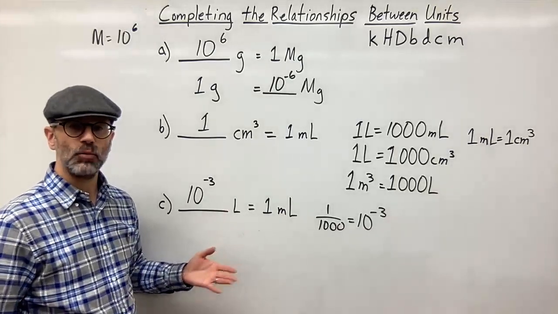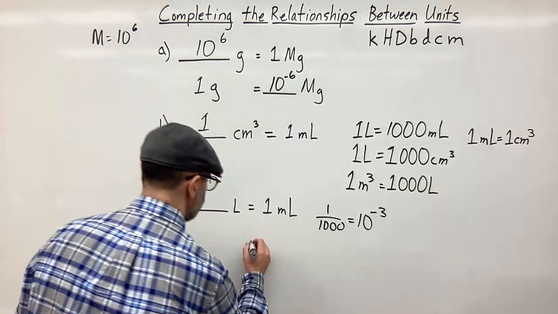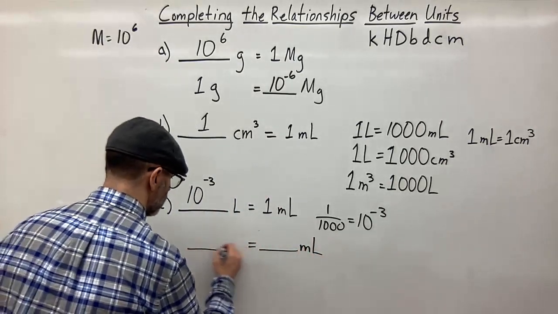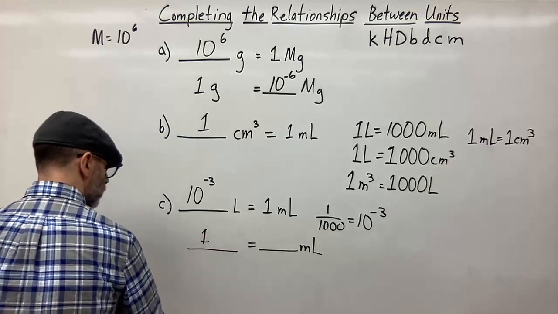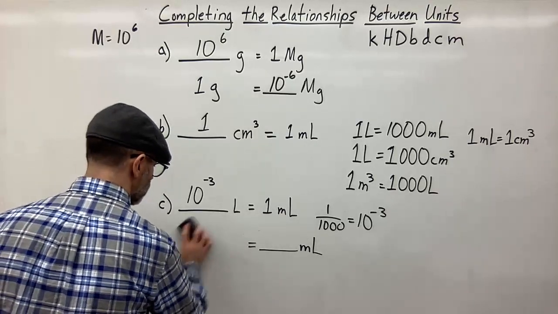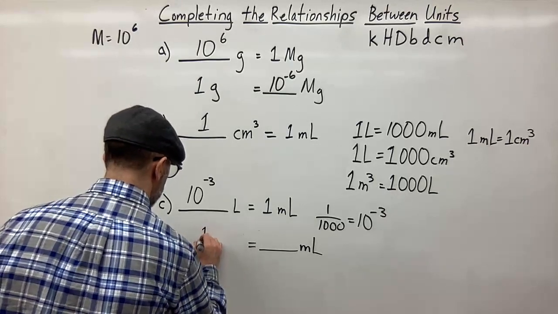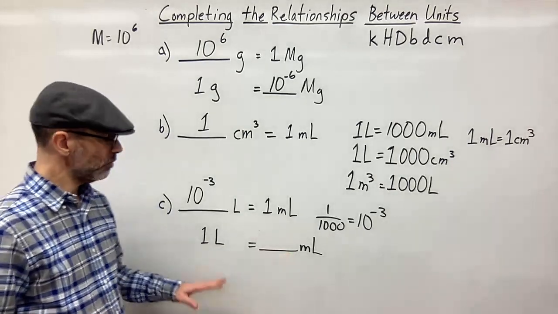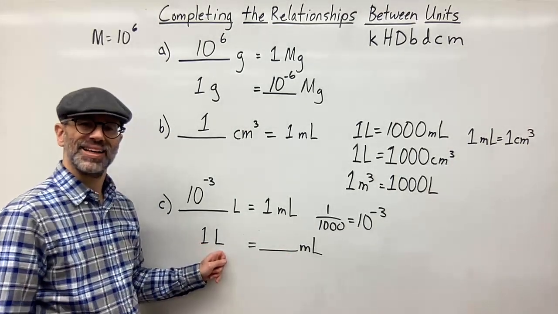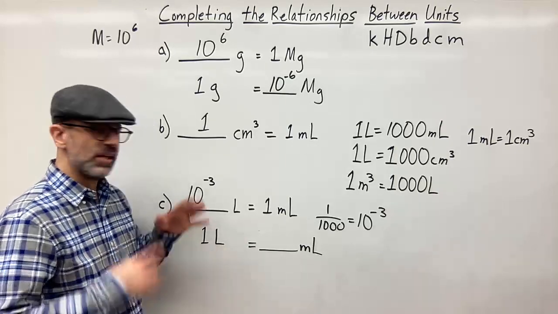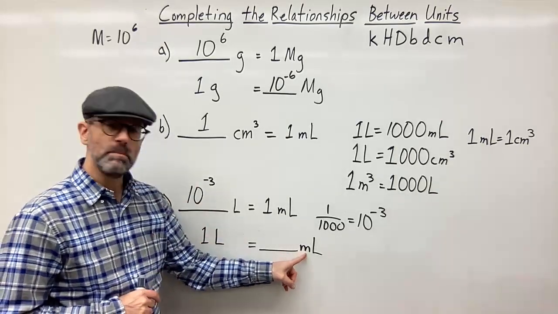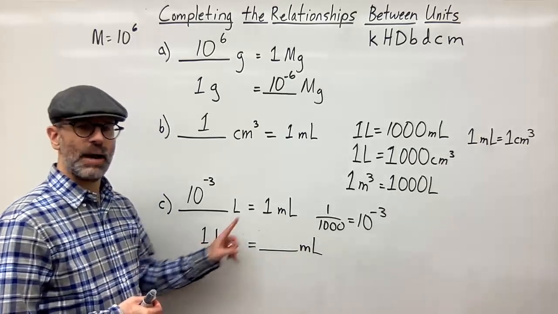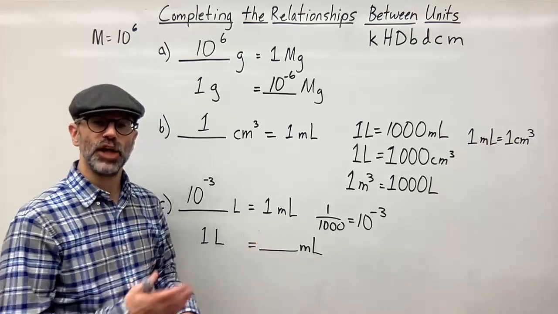Okay. Now again, what if instead of this you're given this? You're given 1 liter is equal to how many milliliters? Well, since I have the 1 with the base unit, I'm going to do the same thing. So milli is 10 to the negative 3, but since the 1 is with the base unit, I'm going to have to put it with the prefix unit, so I have to change the sign.